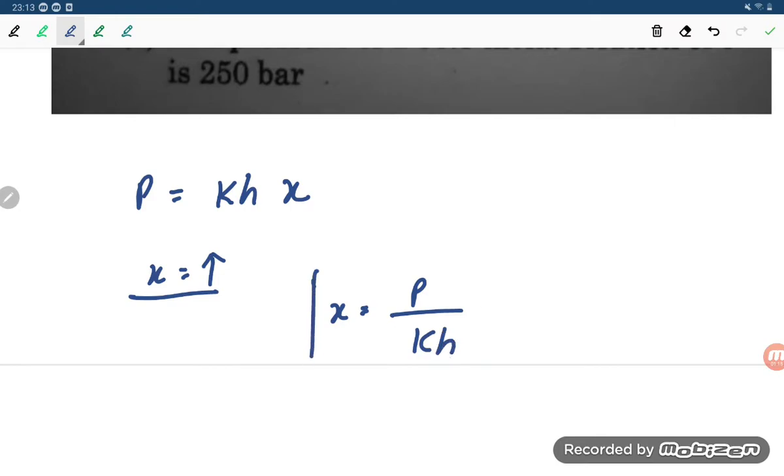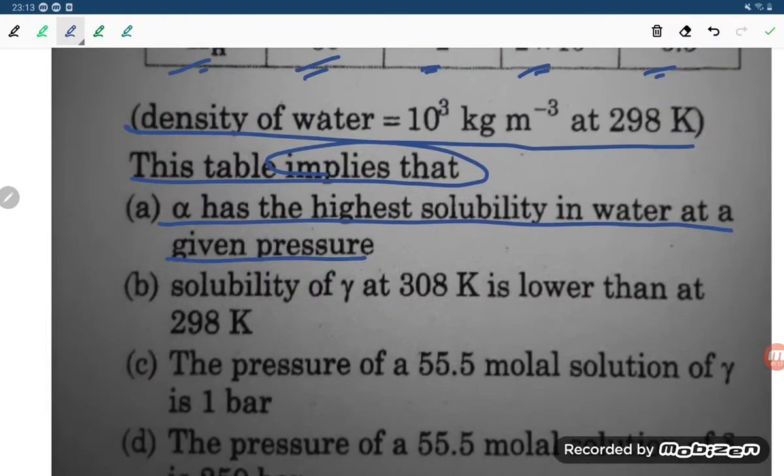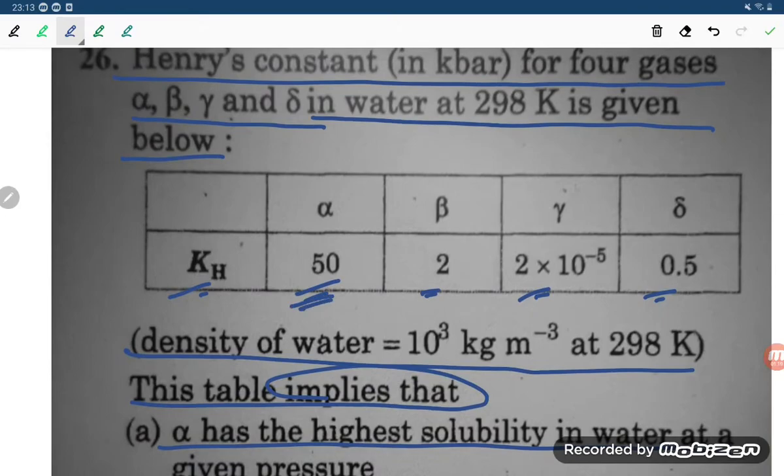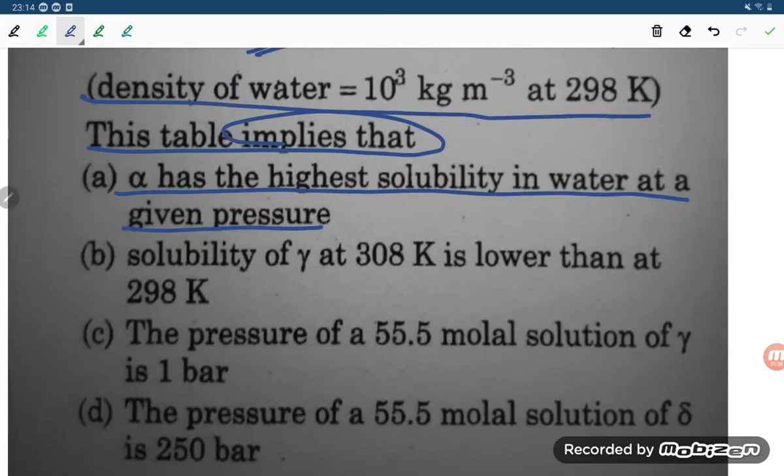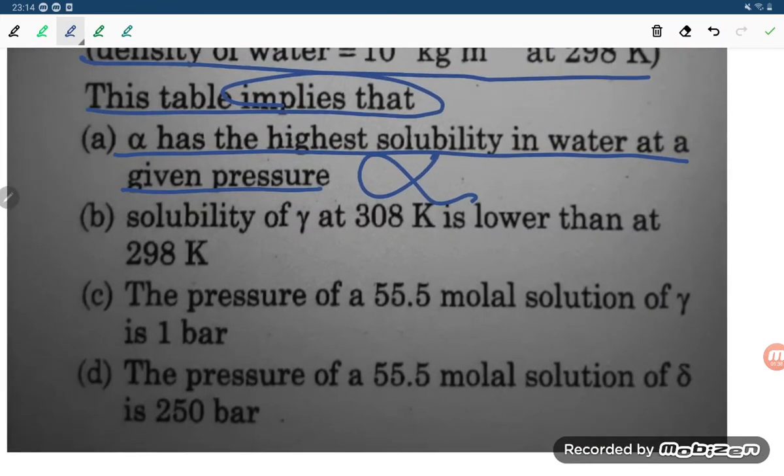In this case KH is highest, so the value of X will be least, which means it is least soluble. Alpha is least soluble, so this cannot be our answer. They are saying highest solubility, that is wrong.